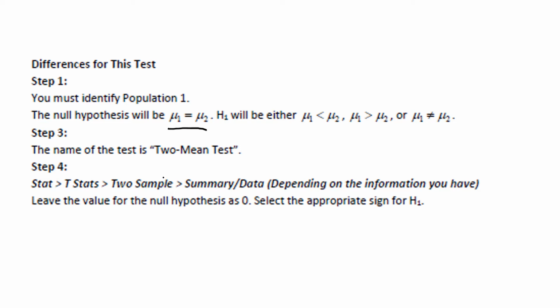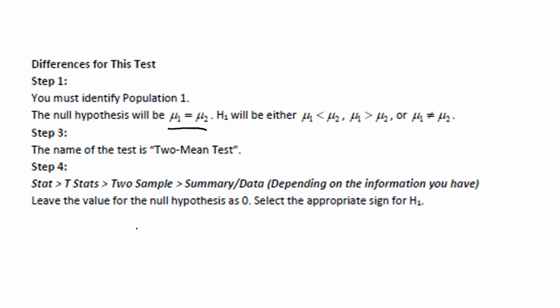The sign for h sub 1 comes from the wording in the problem. In step 3, the name of the test is the two-mean test. And to calculate this in step 4, we use stat, t-stats, two-sample, and then you select either summary or data depending on what you have. As with those other two-sample tests, we'll leave the value for the null hypothesis at 0. We'll pick the appropriate sign for h1.